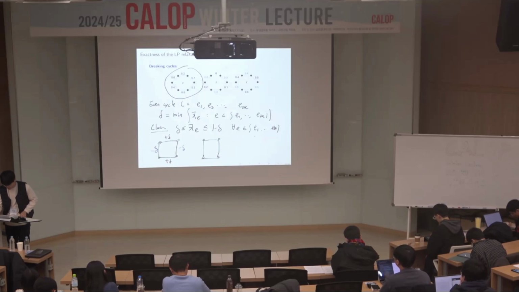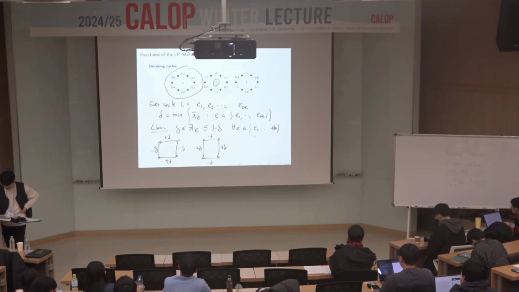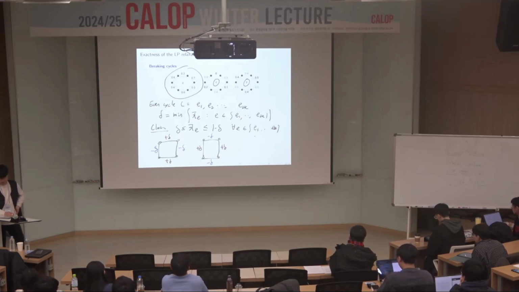And for the other solution, I'm going to add delta here and subtract delta here. That's basically x tilde and x hat. Delta here, in this example, is 0.2.